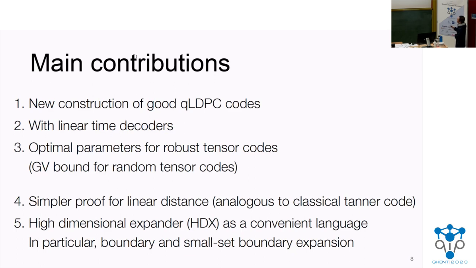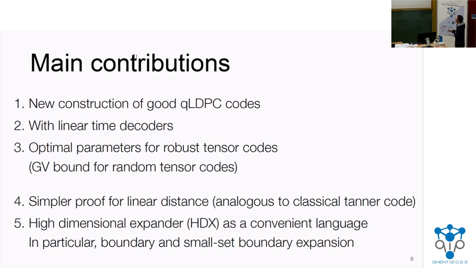Yeah, so these are some concrete results, but I also want to highlight some more conceptual improvements. So first of all, this paper gives a simpler proof for the linear distance, which is pretty analogous to how you show the distance property for the classical Tanner constructions, which uses some kind of random walk arguments.